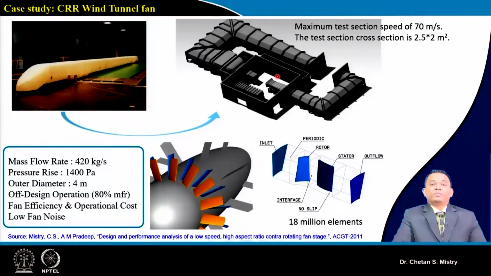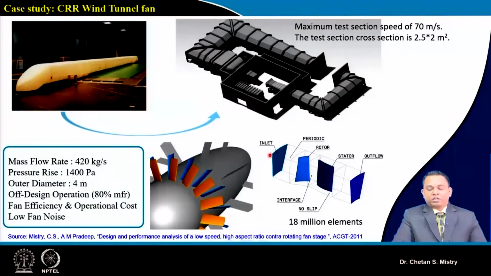This project has been sponsored by RDSO, Indian Railways, and these are the requirements for the fans that we have already discussed: mass flow rate of 420 kg per second, the expected pressure rise to overcome frictional losses of 1400 Pascal, and a diameter of 4 meter.